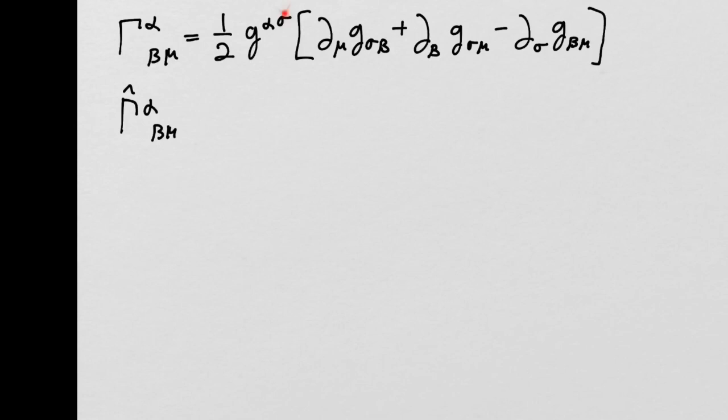Well, we're going to substitute the infinitesimally transformed versions of each of these metric components, which in this case is 1 plus epsilon pi times g mu nu. So wherever I see g with two indices, I'm going to replace it with this.